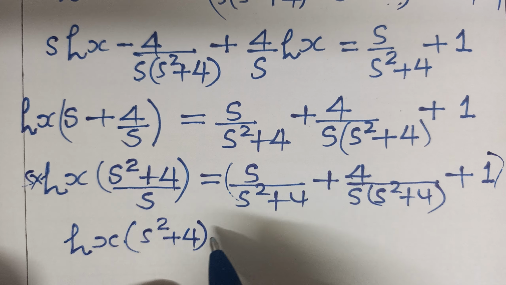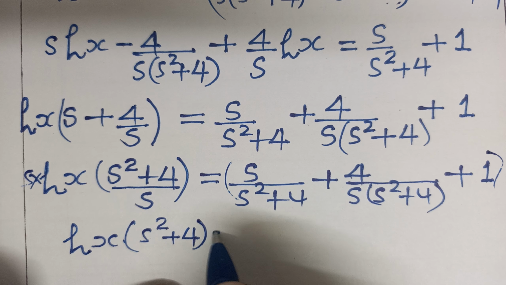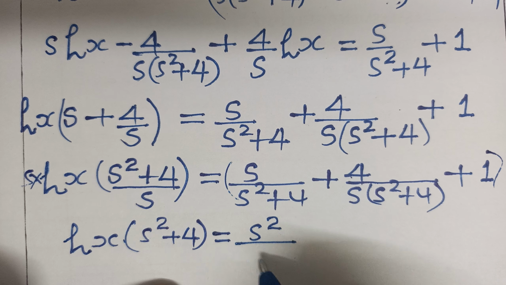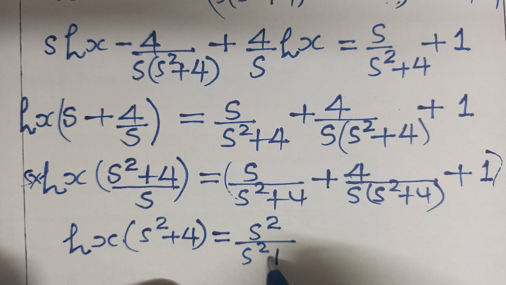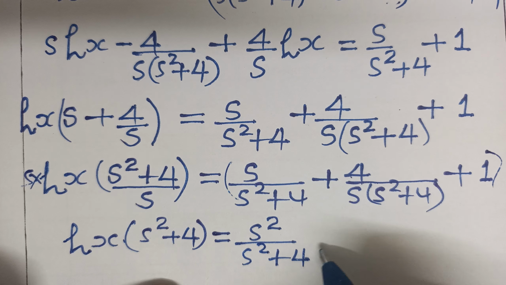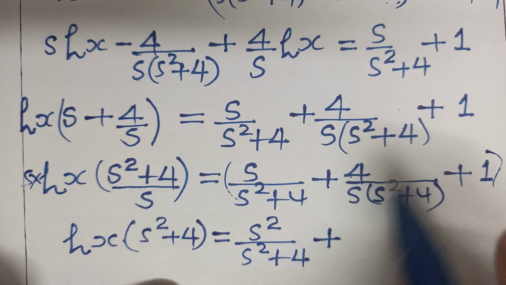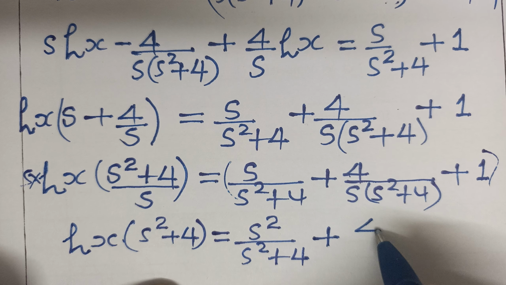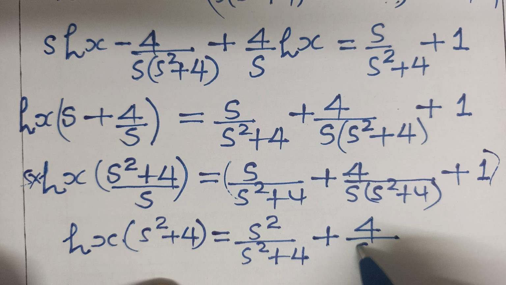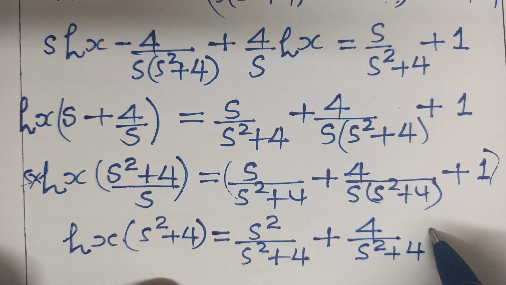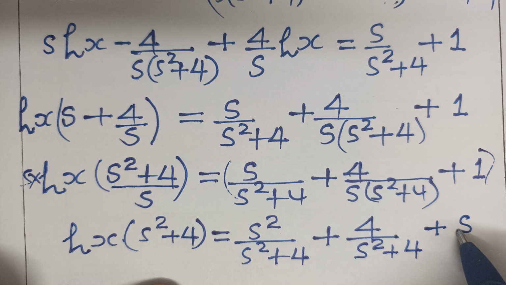So we shall have this equals s squared all over s squared plus 4 plus, when we multiply by s here, this s will cancel, so we are left with 4 all over s squared plus 4, now plus s.